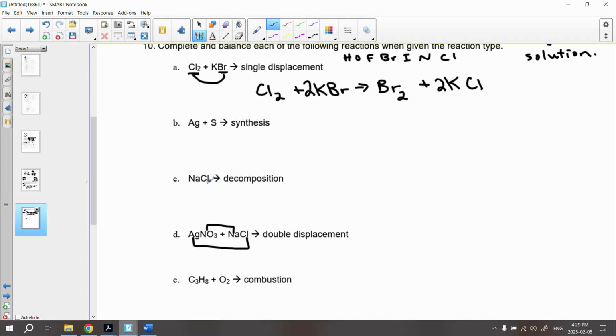Then you can just balance it. A decomposition is just going to take this compound and break it apart. Watch out for Hofbrinkel. And a synthesis is just going to join these together. Just remember that when they join together, you have to look at the charges they have as ions to make the formula. Okay, so you can finish that off, and then there's some extra practice for you to do when you're done.